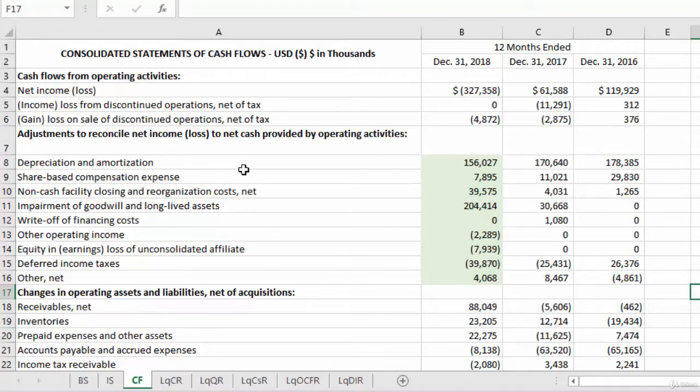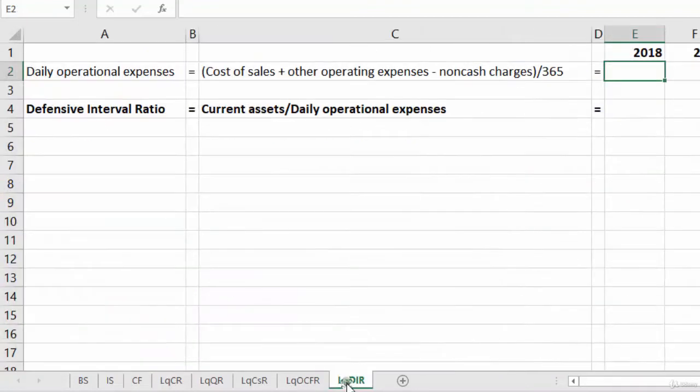You will see the depreciation and amortization, share-based compensation expense, non-cash facility closing and recognition cost, impairment of goodwill and long-lived assets, write-up of financial costs, other operating income, equity in earnings, loss of unconsolidated affiliate, deferred income tax, and some other items. All these are actually non-cash items. So if you add all these things, then you will ultimately get the non-cash charges for the year. So we can calculate these things very easily.